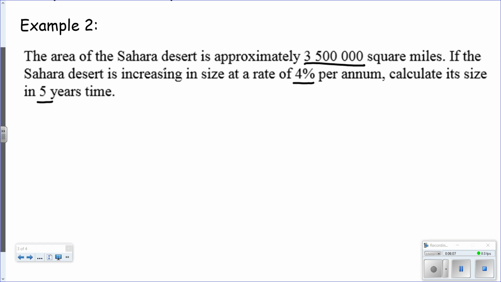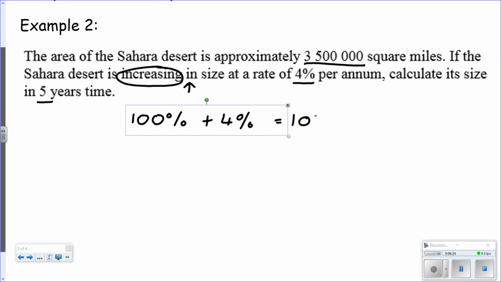It's telling us that it's increasing, so I'm going to appreciate, so I'm going up the way. So we've got our original amount, 100%, and we're increasing the value by 4%. So that means that we end up with 104%. Now remember, our magic multiplier needs to be a decimal, so we want to convert that into a decimal by dividing by 100.